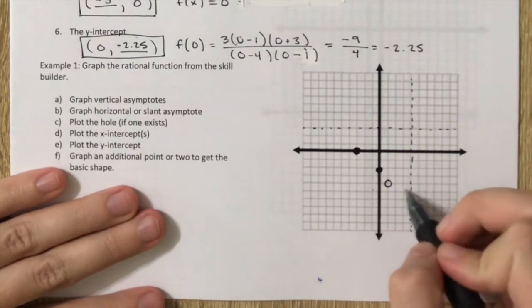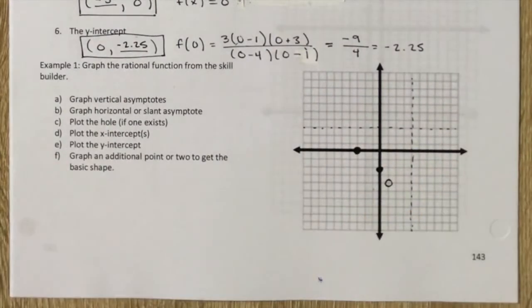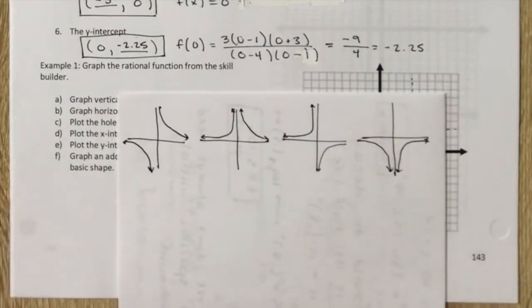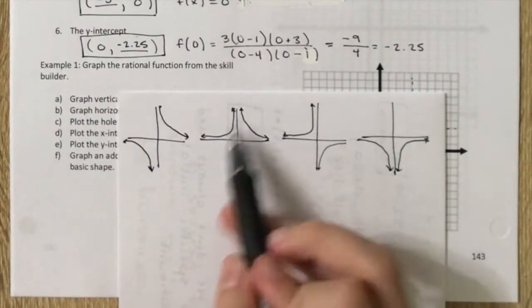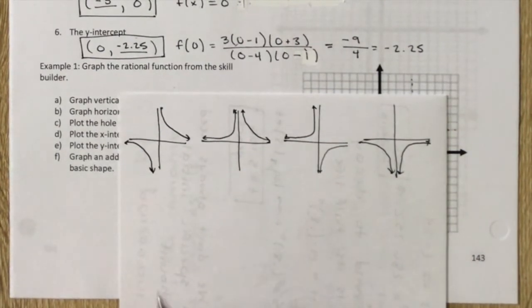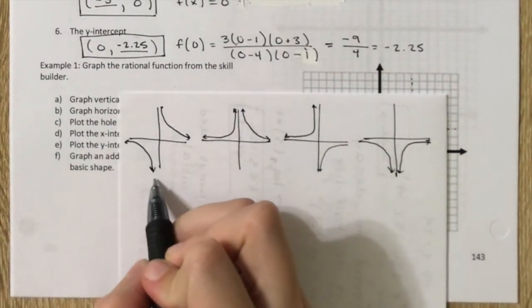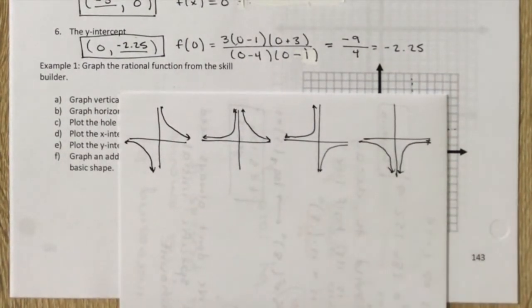That means we need to get really close to this one and really close to this one. So we have a few options for how this might look. We could have this shape, this shape, this shape, or this shape with these asymptotes that are splitting it up.